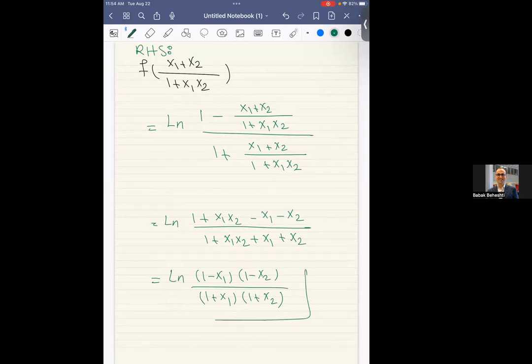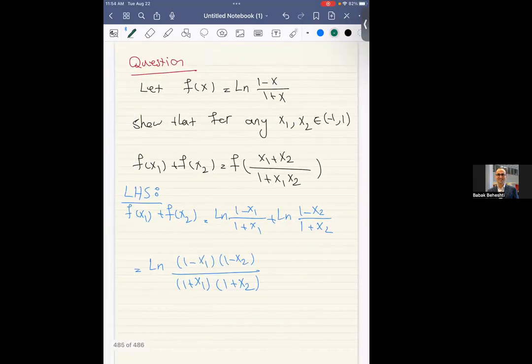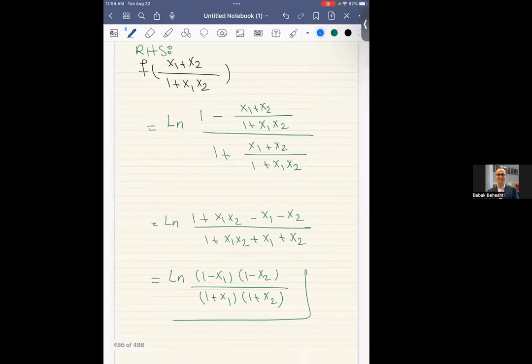Which is exactly equal to the left-hand side. You see, this is the left-hand side. Identity again? Yeah, but we want to show that both sides are equal, right?